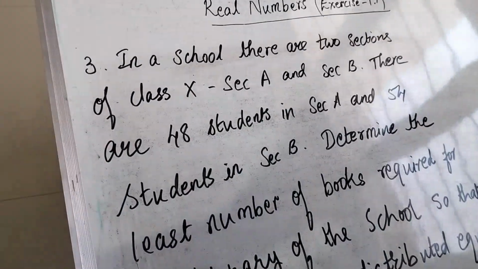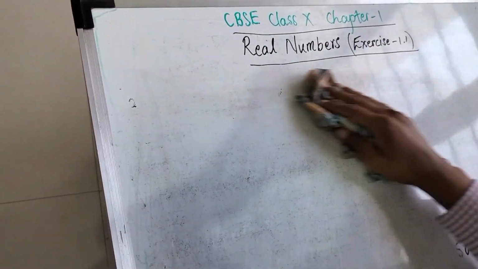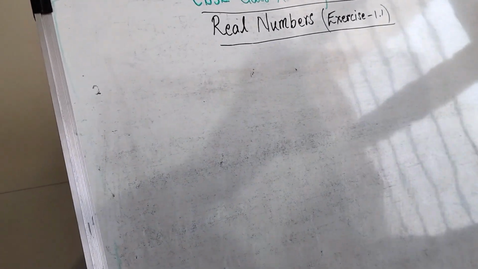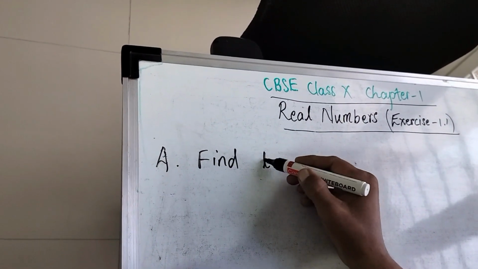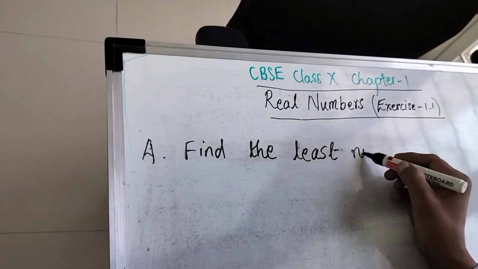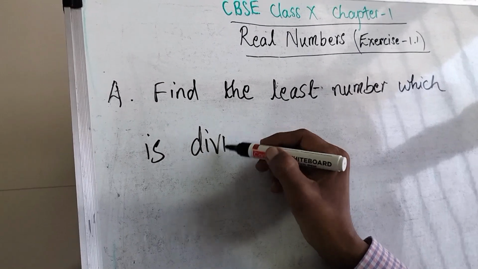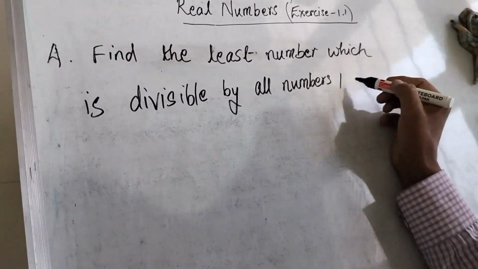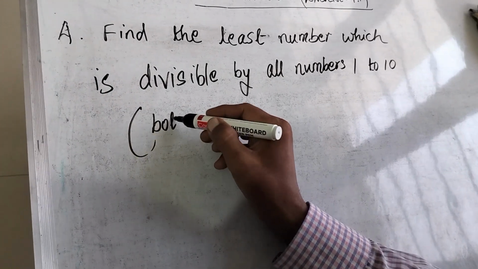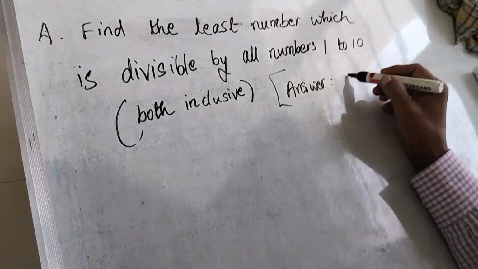Fourth question: find the least number which is divisible by all numbers from 1 to 10, both inclusive. Both inclusive means you have to include 1 and also include 10. So your answer will come to be 2520.